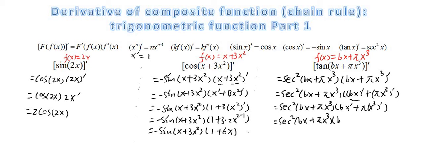The derivative of x is 1, so b times 1 is b. The derivative of x cubed is given by the power rule: 3x to the power 3 minus 1. We can simplify it.